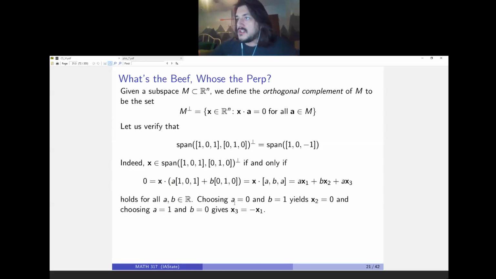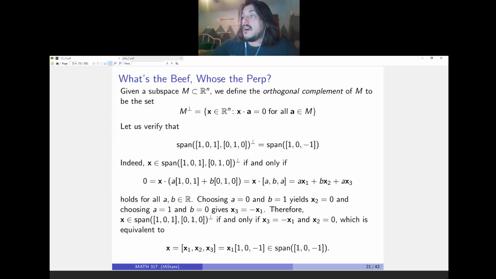So first of all, if I choose A equals 0 and B equals 1, these zero out and B is equal to 1, so that forces X2 to always equal 0. And then choosing A equals 1 and B equals 0, that zeroes this out, and then I get X1 plus X3 is 0, so X3 must be negative X1.